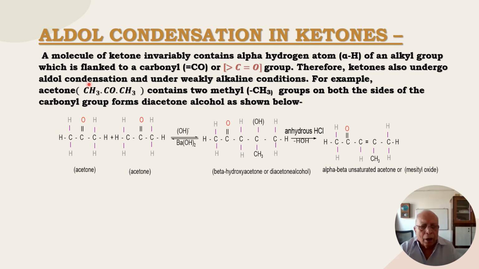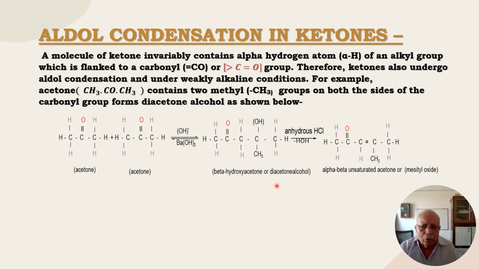Now let us have a look about what will happen with ketones, similar ketones. In this video, we are discussing simple aldol condensation. Therefore, two acetone molecules combined together in presence of an alkali, and most suitable alkali in this case is barium hydroxide suspension, or you can call it a barium hydroxide solution, because this OH ion acts as a catalyst and it forms beta hydroxyketone, or very well termed as diacetone alcohol.